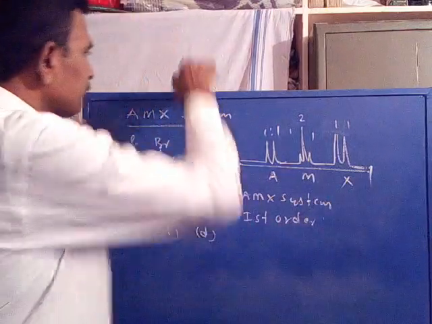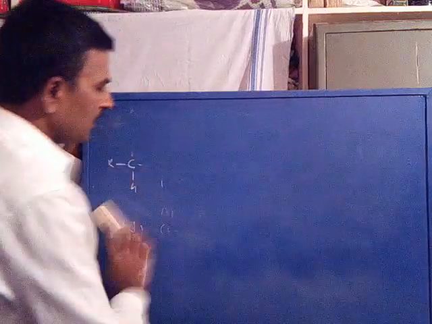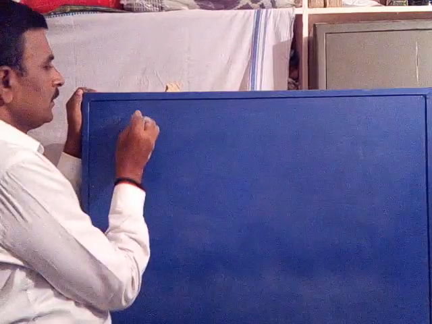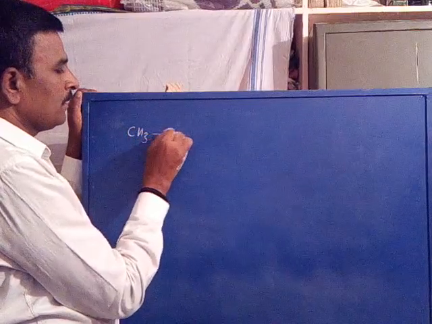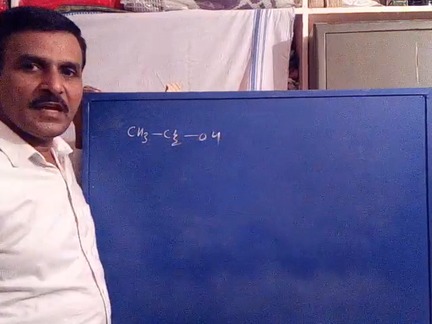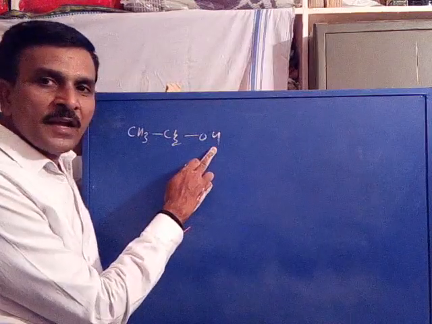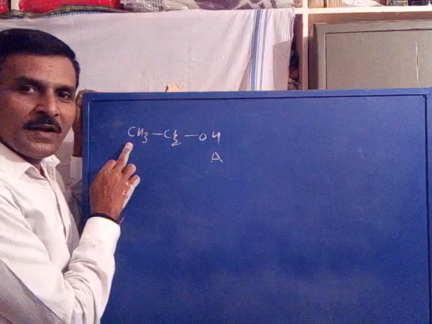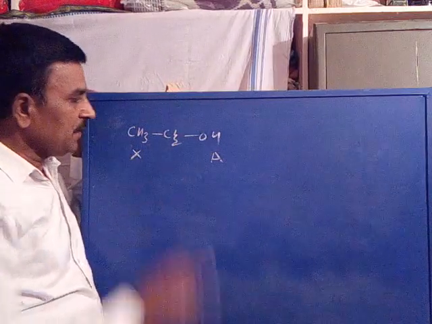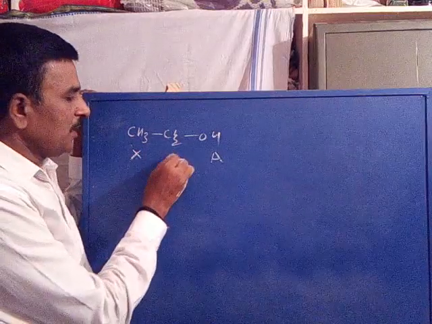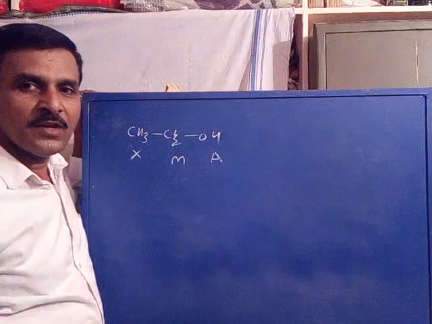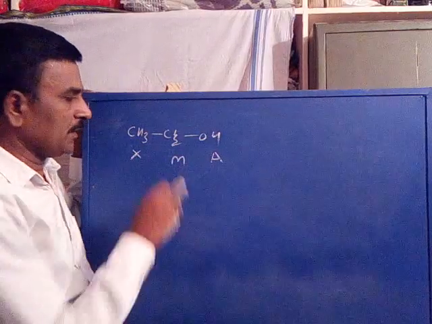Now similarly, you can take other examples under the same system with an increasing number of protons in each set. That is ethyl alcohol, CH3CH2OH. This proton has a higher delta value, therefore it is A. This proton has a lower delta value, this is X. This proton has a moderate delta value in between, therefore it is designated M. A has one proton, no need to designate it separately with a subscript.